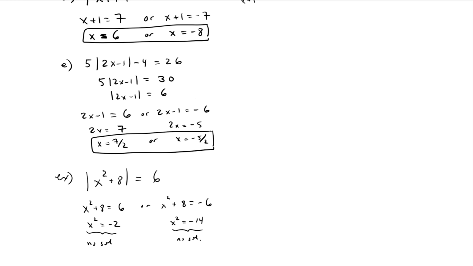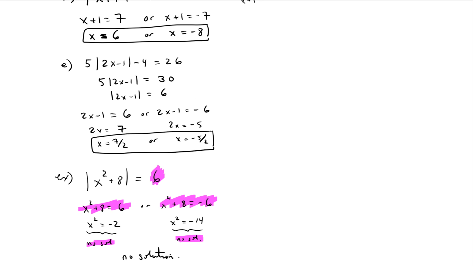So even though I have a positive here, I have two cases that could work, but they don't. Neither of them has a solution. So in this situation, even though I have a positive number equal to an absolute value of something, I have no solution. So it can become very tricky if what you have inside is not a linear function.